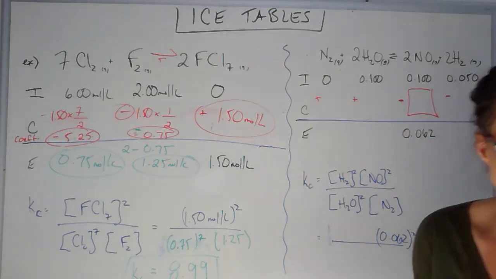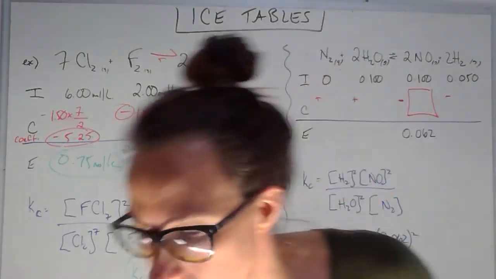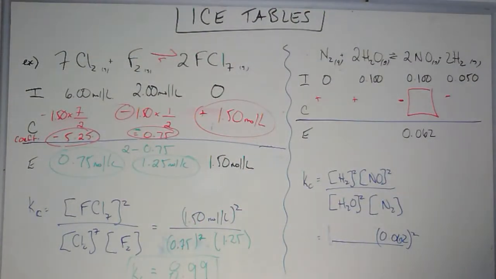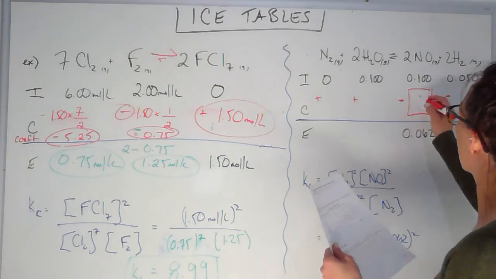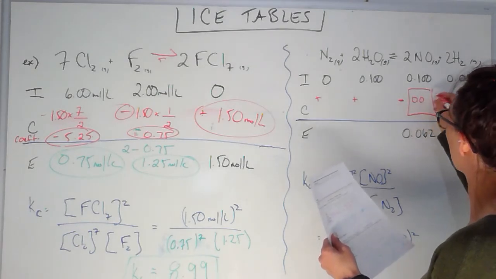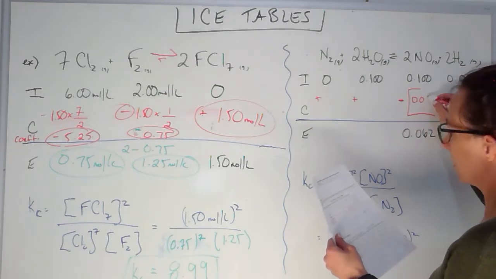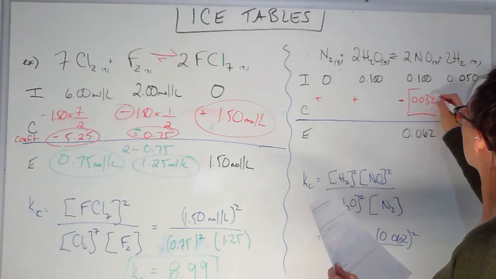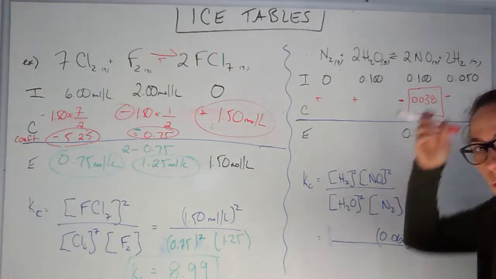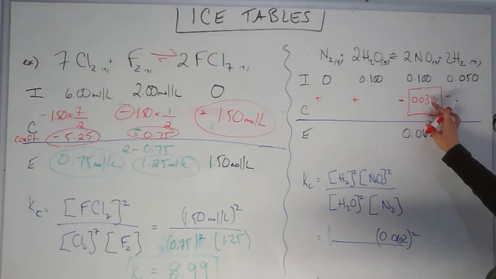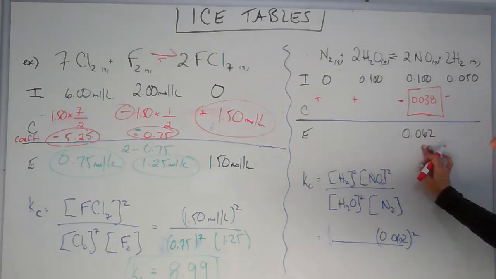Well, if I started with 0.1 and I ended with 0.26, I must have 0.038 moles per liter. Okay, so I must have used up 0.038 moles per liter of that in order to make that.